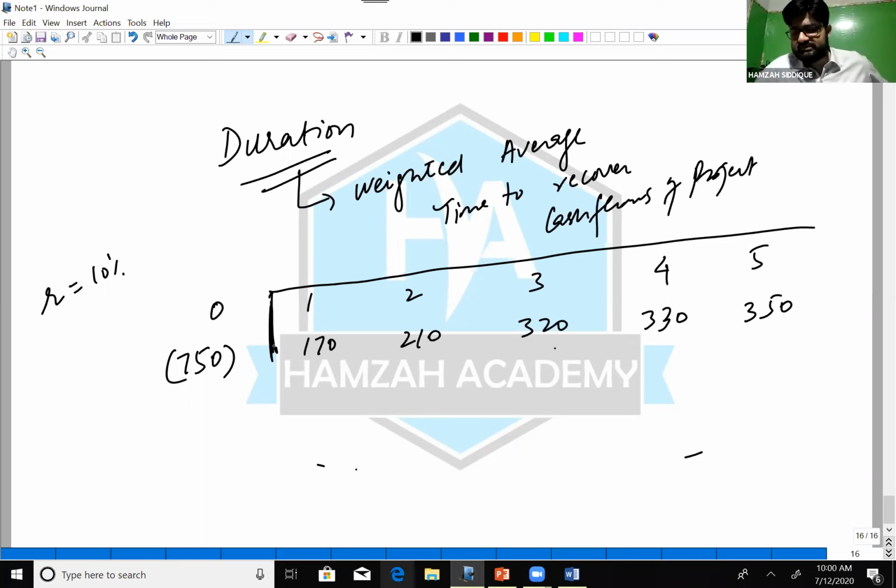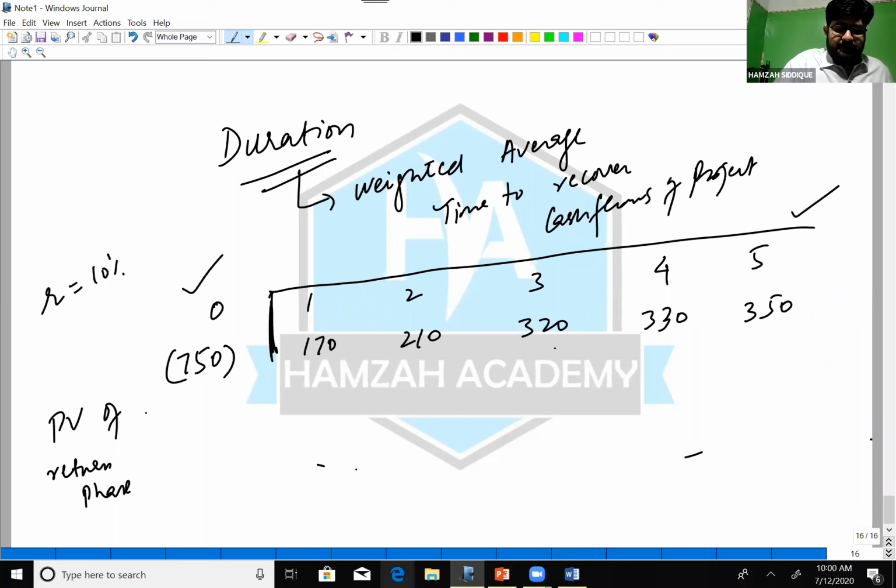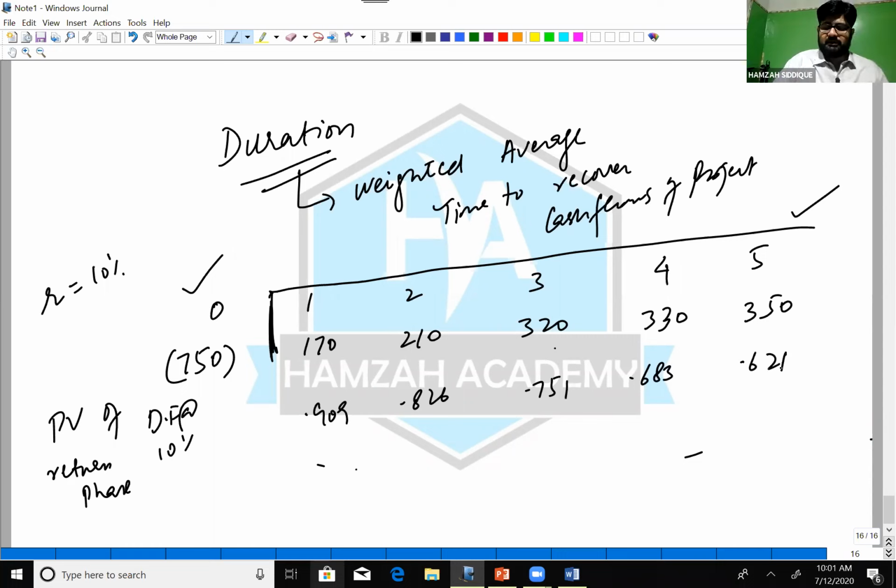First of all, students, this is the investment, and this is the return phase, from which return of the project is starting. So we calculate the present value of the return phase by applying the discount factor at the rate of 10%. So 0.909. Now we will calculate present values.